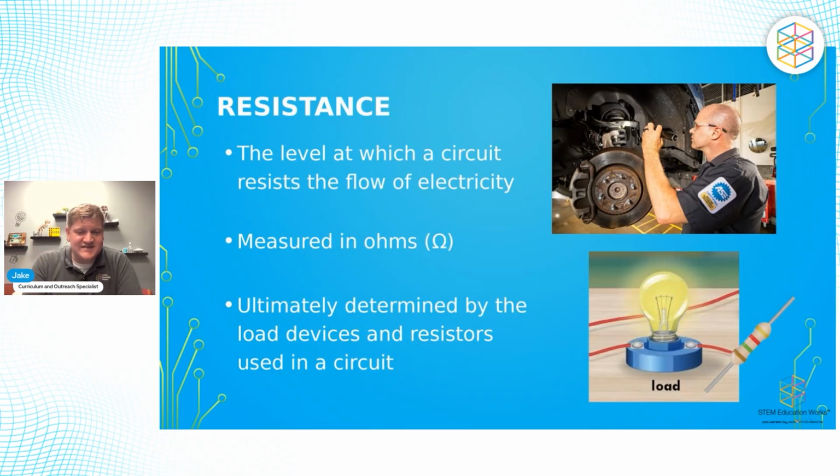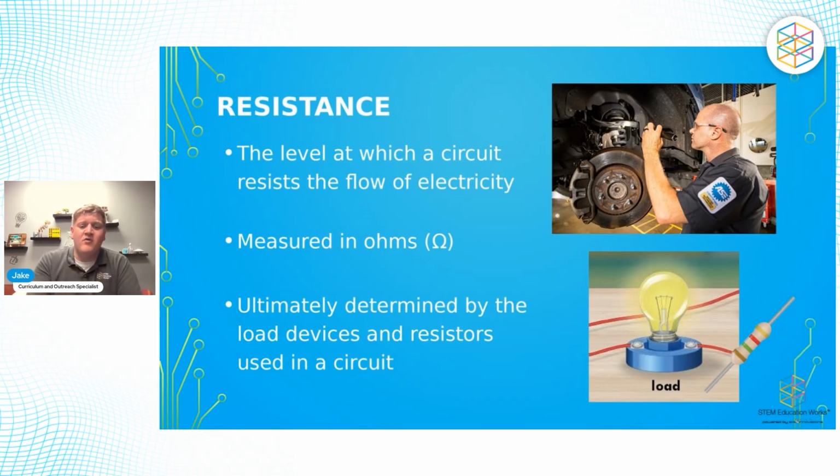Now, resistance, judging by the name, it should be pretty obvious what that is to begin with. It is the level at which a circuit resists the flow of electricity. This value is measured in ohms, and it's given by that Greek letter omega there. And it's ultimately determined by the load devices and the resistors that we use in our circuit.